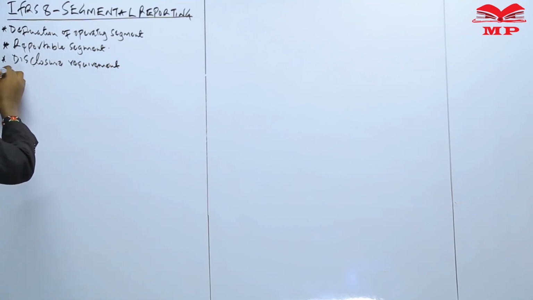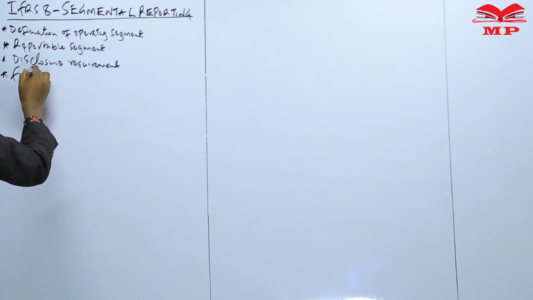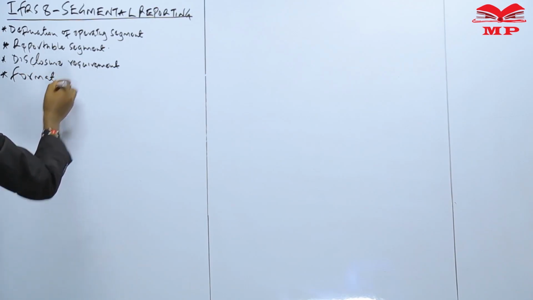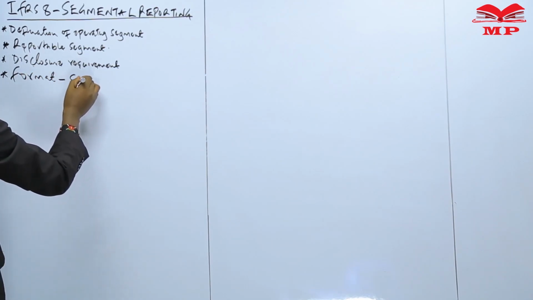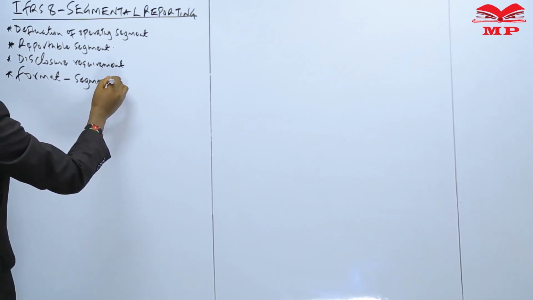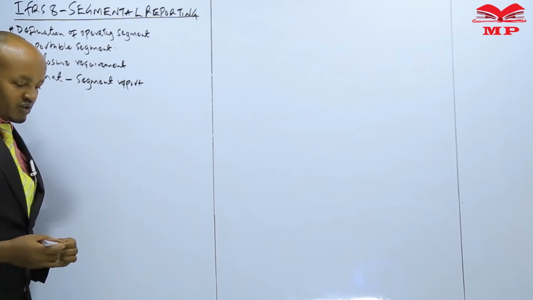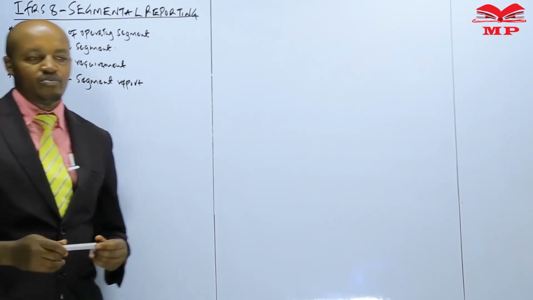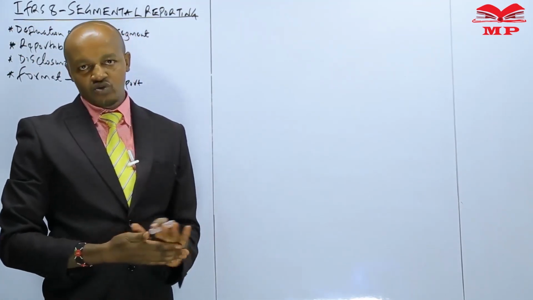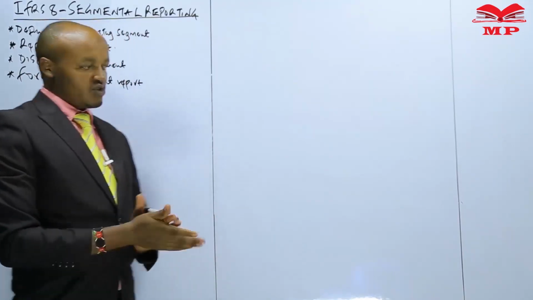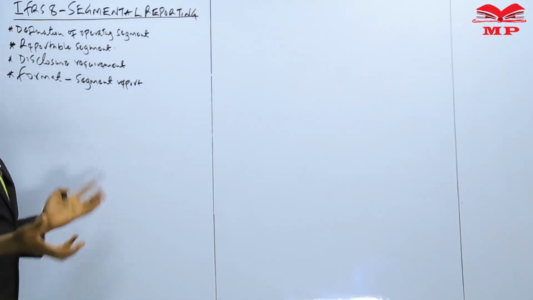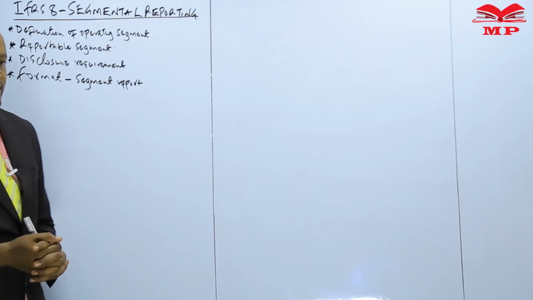And also we look at the format used in preparing what we refer to as a segment report. That is what we should be able to cover in this topic of segmental reporting.